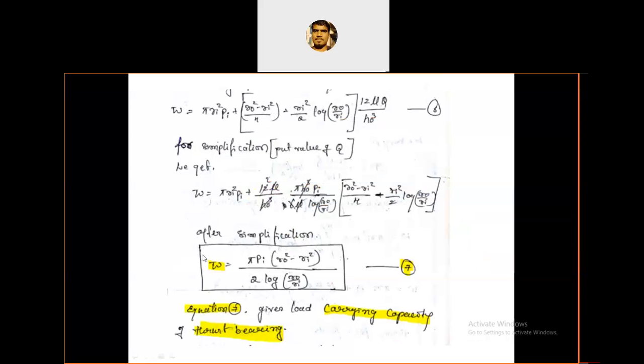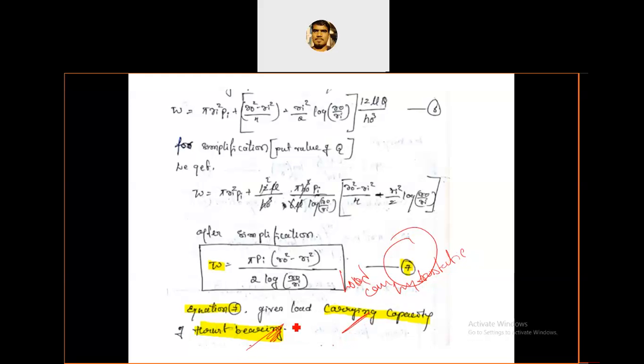W is equal to 5 pi r naught square ri square by 2 log r naught by ri. This equation 7 we can call the load carrying capacity of the hydrostatic thrust bearing.